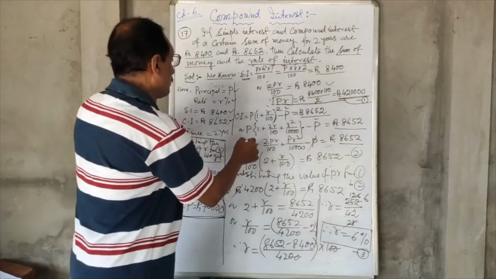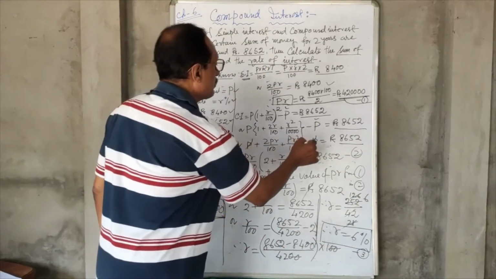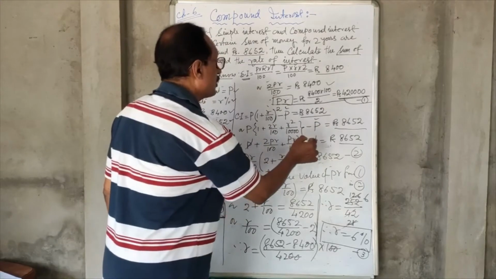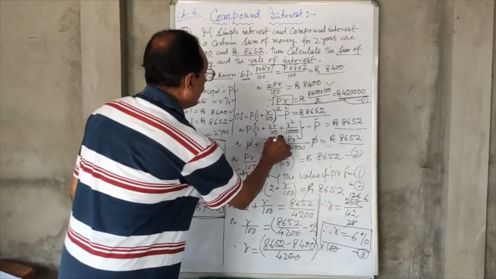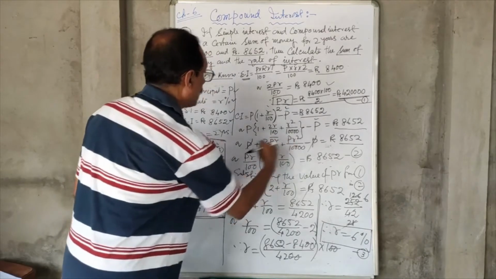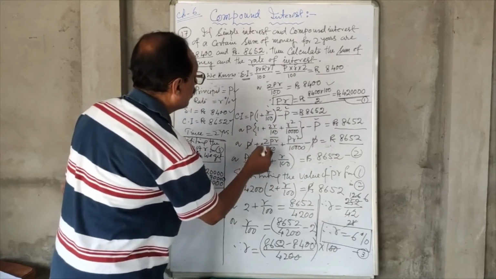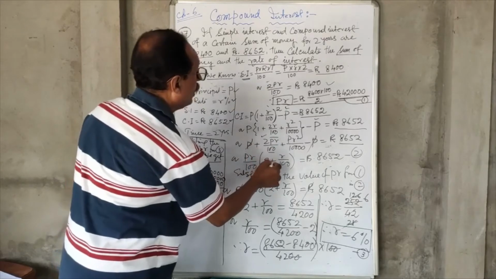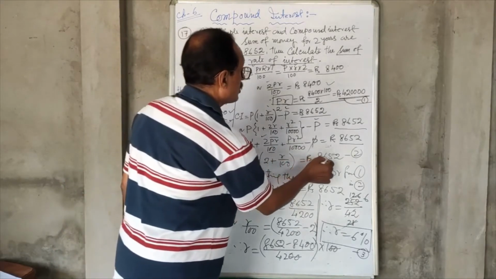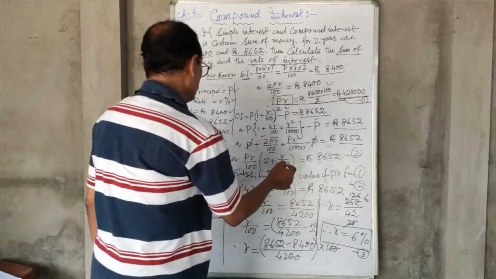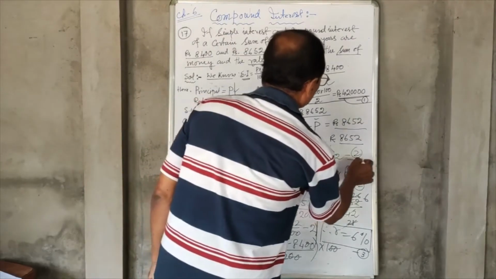This P and this P cancel because one is positive and the other is negative. I am taking PR by 100 common from these two terms. What is left here is 2 plus R by 100, which is equal to 8,652. I am taking this as equation number 2.